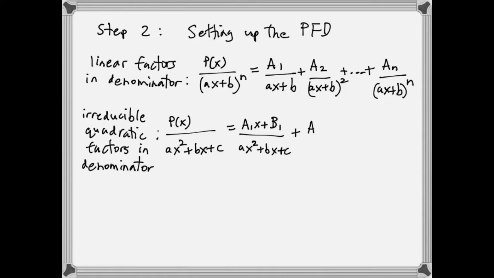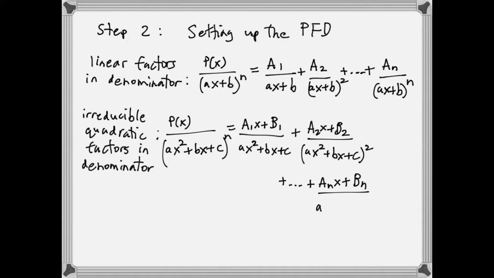And then you have a2x plus b2 over... Oh, I forgot to mention that this is to the nth power. I apologize. So that's going to be squared, and you do it for each power until you have the very last one. You do it n times. Okay, so that's what it looks like.